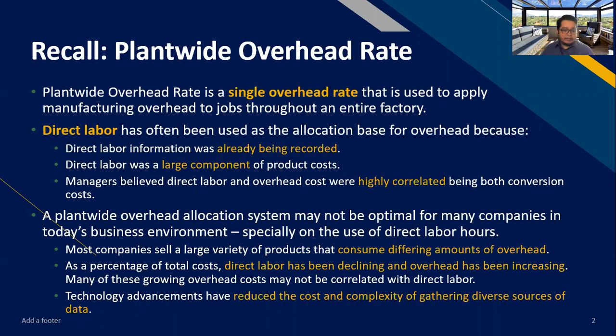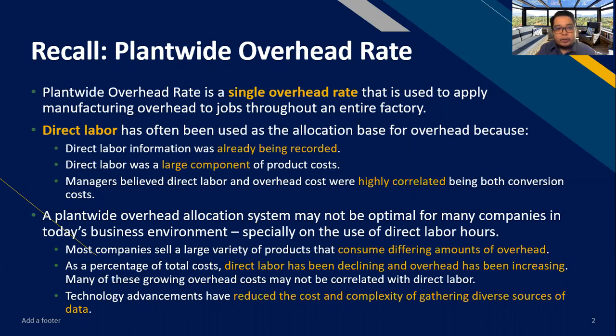You remember that we discussed last week. One of the key concepts that we discussed is the concept of the plant-wide overhead rate, or the predetermined overhead rate. As we can recall, the plant-wide overhead rate is a single overhead rate that is used to apply manufacturing overhead to jobs throughout an entire factory.